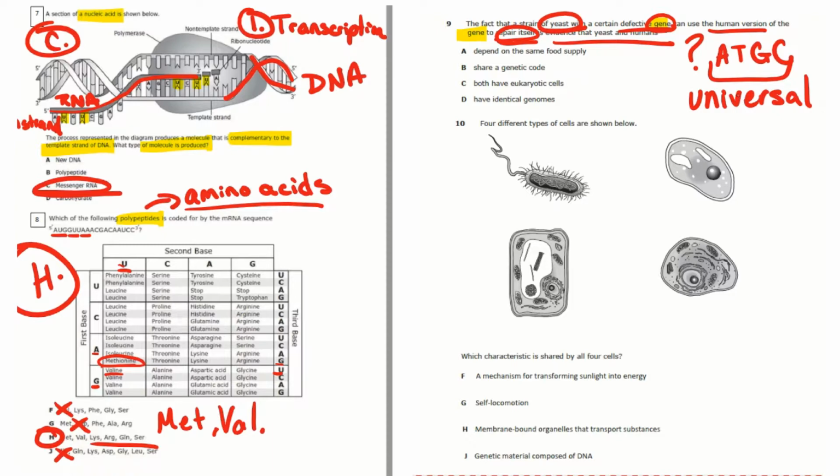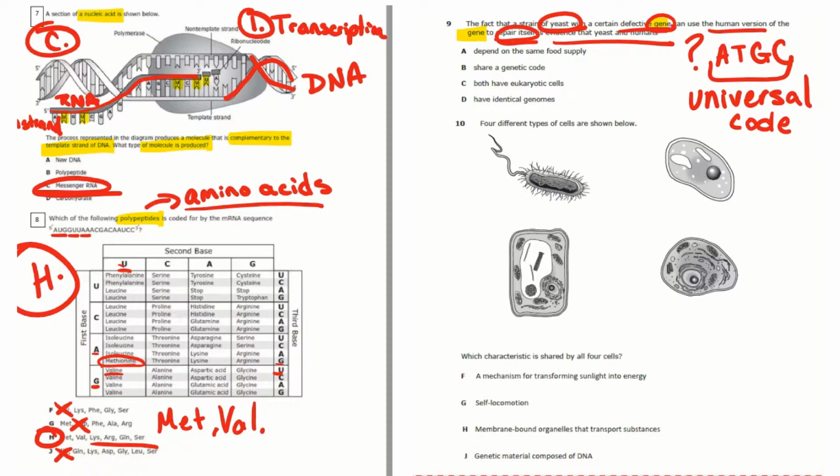That's why we refer to this as a universal code. They're all speaking the same language. The instructions might be different sequences, which is what makes all of the organisms different from each other, but they all have the same universal code.